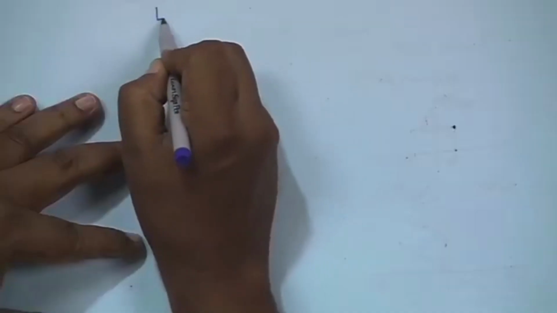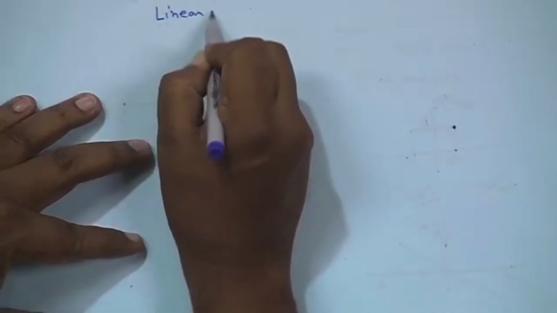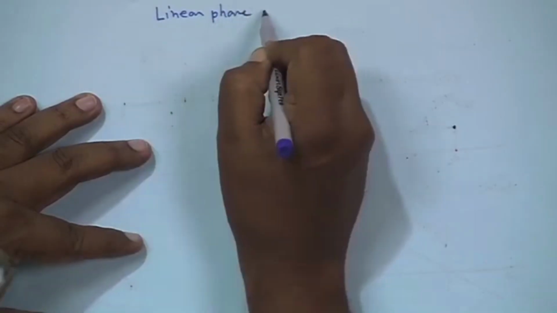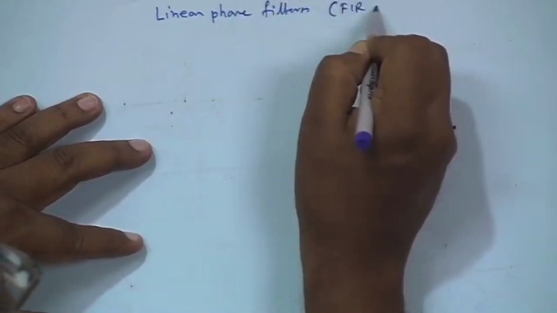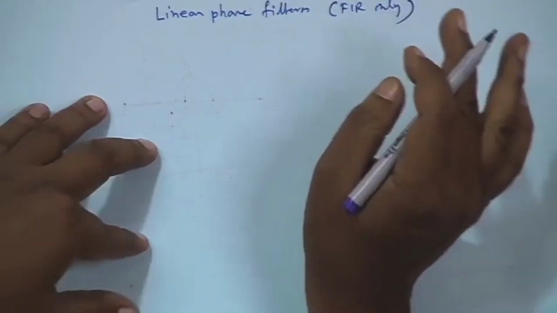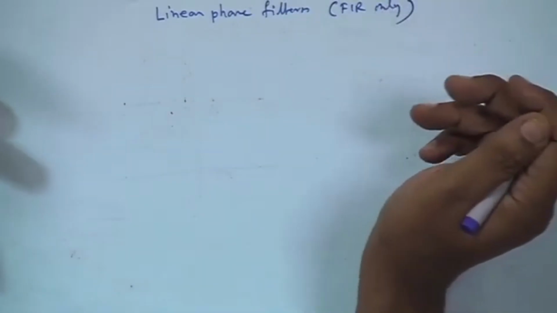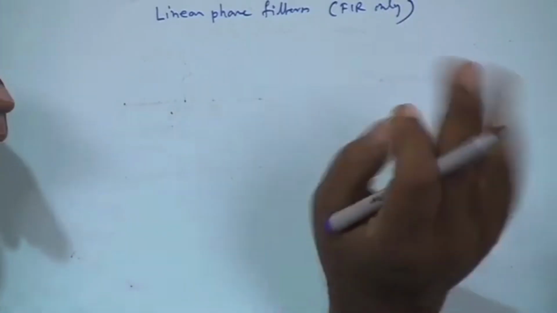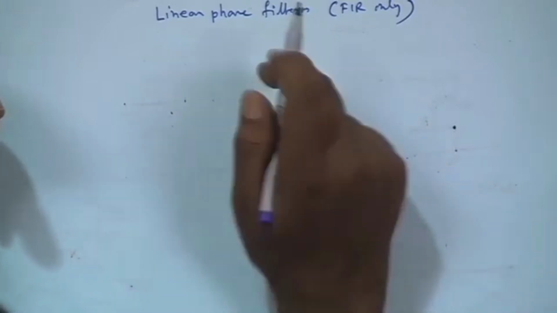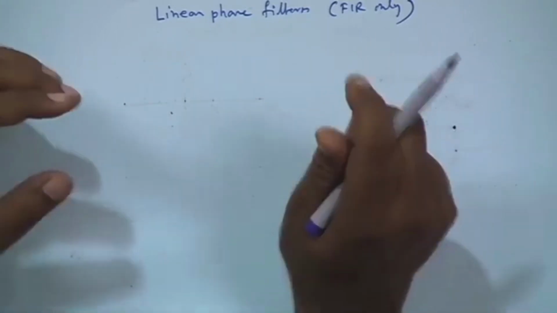So, linear phase filters, FIR only. We cannot give any guarantee that IIR filters will give linear phase response. But for FIR filters, yes, we can make sure in our design process, we can impose some condition on the filter coefficients, which will guarantee that phase is linear.